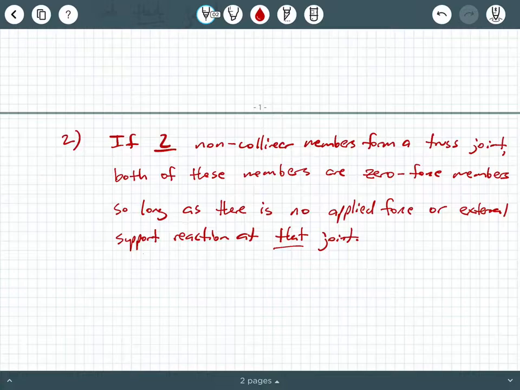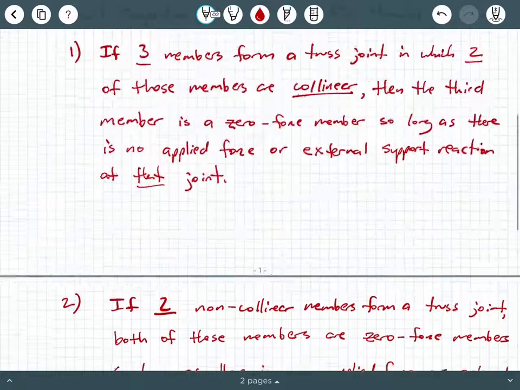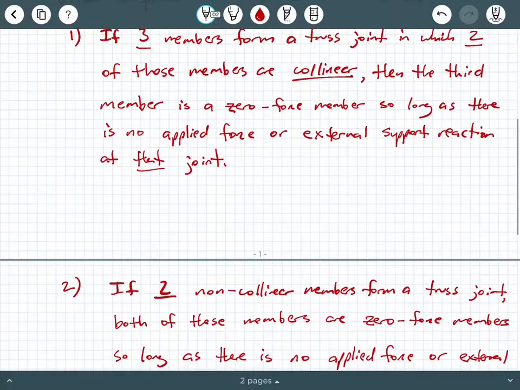In this criterion, if you have two members forming a truss joint, and that joint does not have any applied load, and it also does not have an external support reaction, and those members are what we call non-collinear, that means they are not lying along the same line, then both of those members are zero force members.